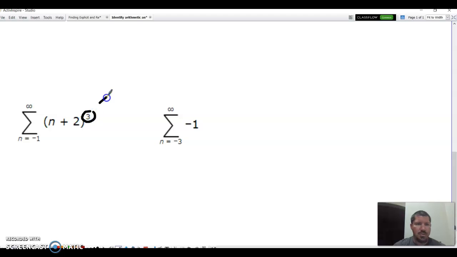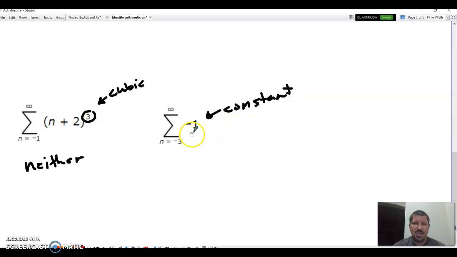A cube or cubic, which you will see, right, is also neither. And then in this case, what we would call a constant, which means that it's just a number, this actually, as I showed in the last video, is both.